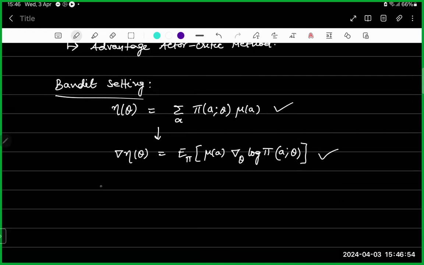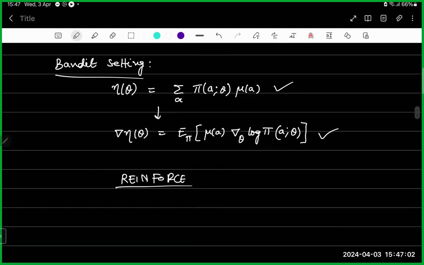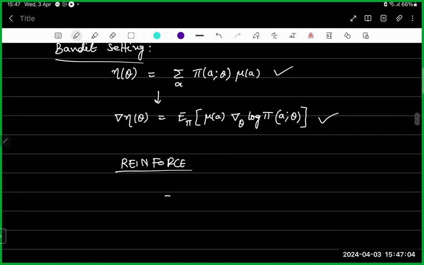So in the vanilla version of the policy gradient descent, which is called REINFORCE, what we do is we just look at this expression like this. You can just write mu of A as this, right? Like you just say that AT is sampled according to pi.